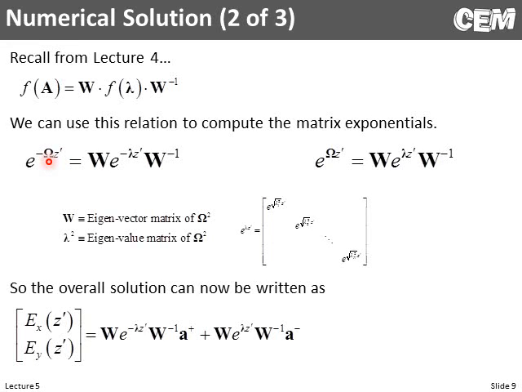So omega and omega squared have the same eigenvectors, no problem, but when we calculate the eigenvalues of omega squared, we actually get lambda squared back, but we need a lambda in here. So there's a square root operation. We'll calculate the eigenvalues, take the square root of them that you see here, and then do the exponential. Just wanted to point that out.